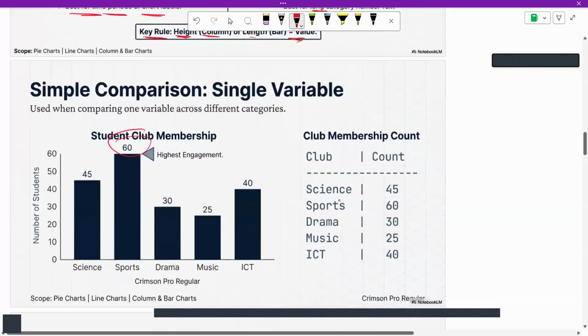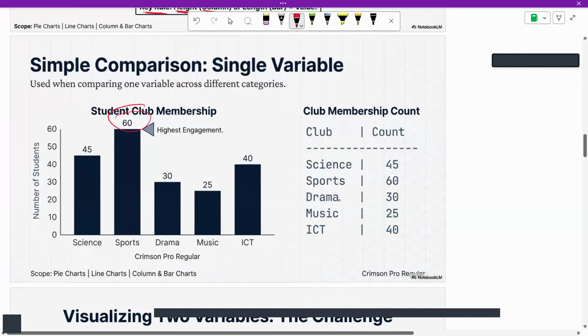Right, here we have an example of a simple comparison. We use a single variable. It's called a simple column chart or simple bar chart. Here is the club membership count.